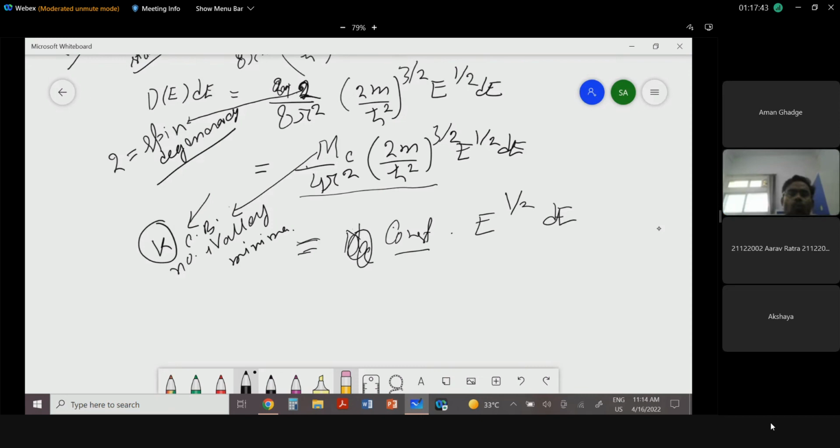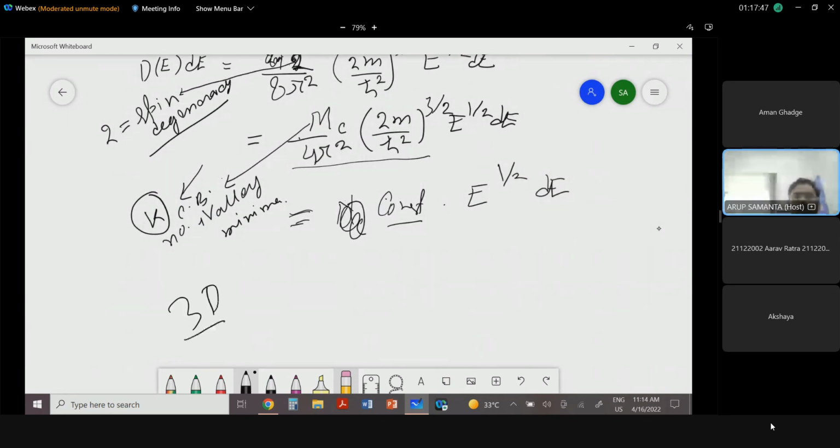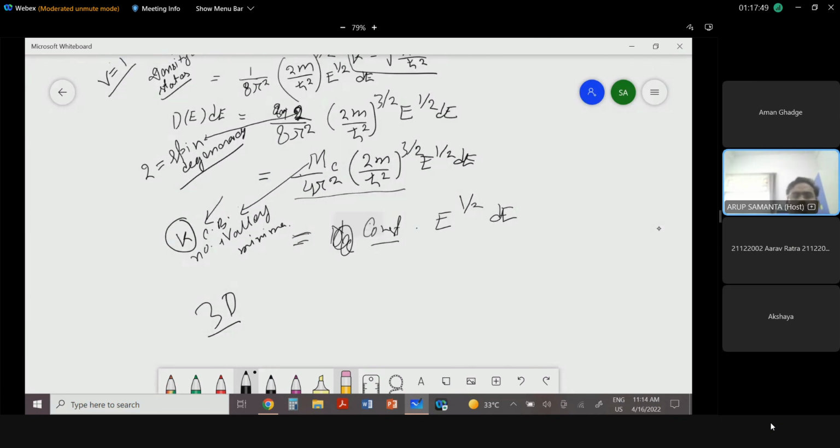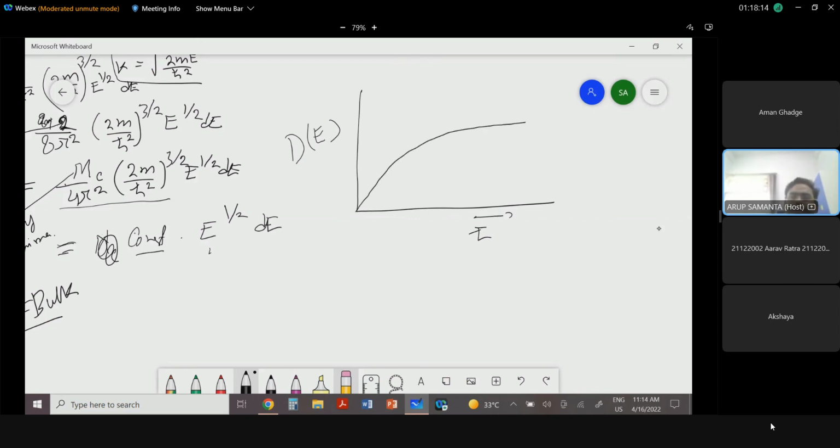So for the 3-dimensional case, we consider density of state for 3D, because 3D means bulk material. For bulk material, the density of state is proportional to constant E to the power half. If we plot density of state with respect to E, you can find it varies like this.